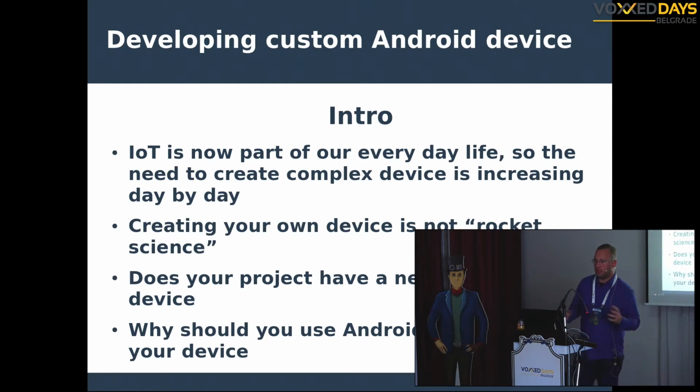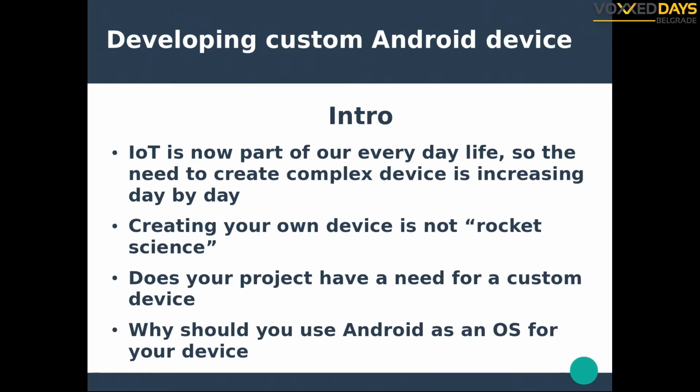It's getting out into our real lives, and the need to create a complex device, not just something basic with a button, but a complex device that will interact with the user, is increasing. So even not the big guys, but usual everyday developers have a need to create something like that.